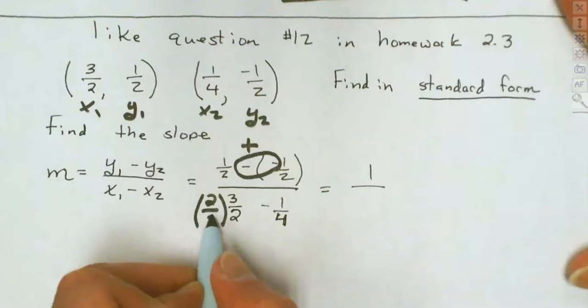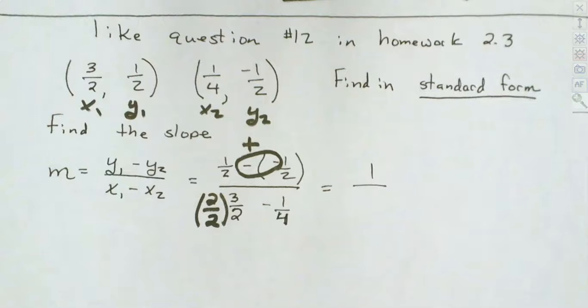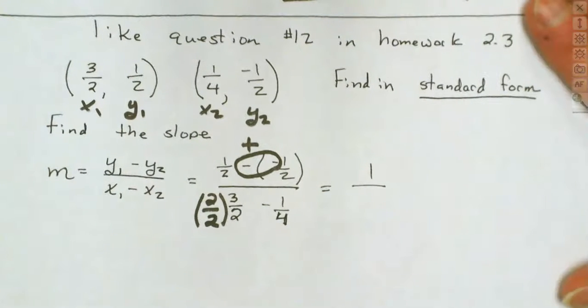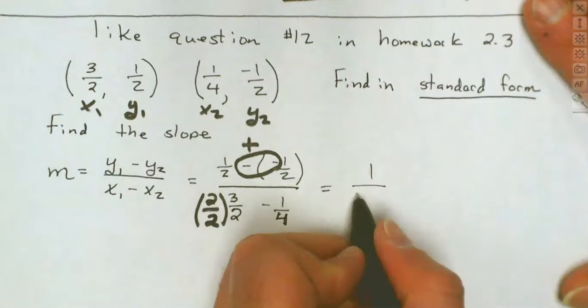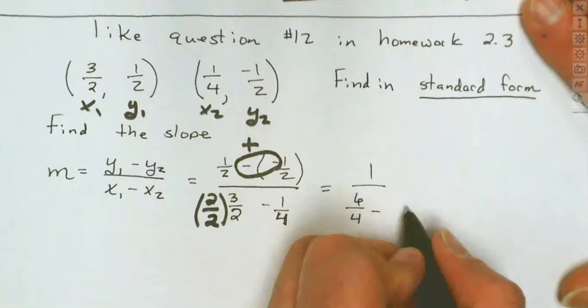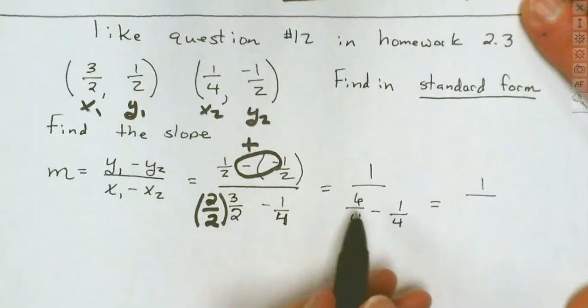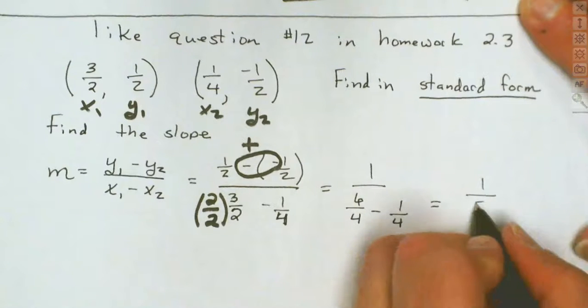You could clear out the fractions also by multiplying everything by a 4 at the very beginning, or you can work with them this way. I think it might be easier just to work with them this way. And 2 times 3, that's 6/4 minus 1/4. And that then makes it 6 minus 1 is 5/4.